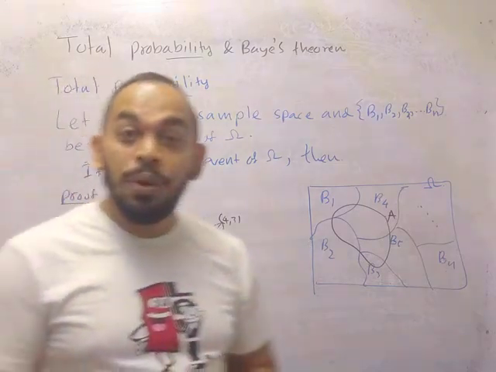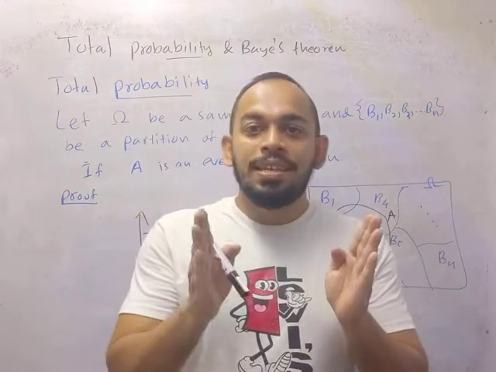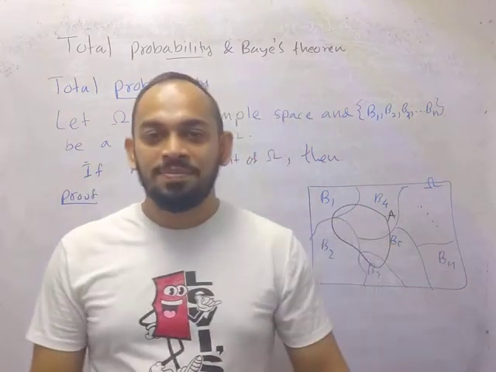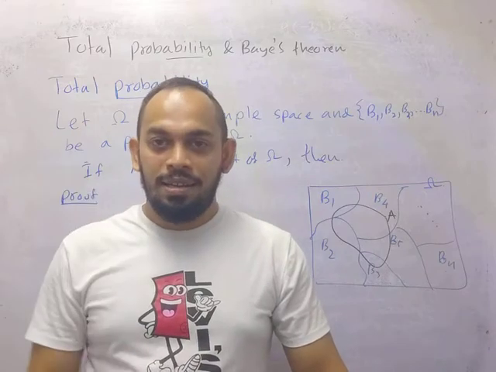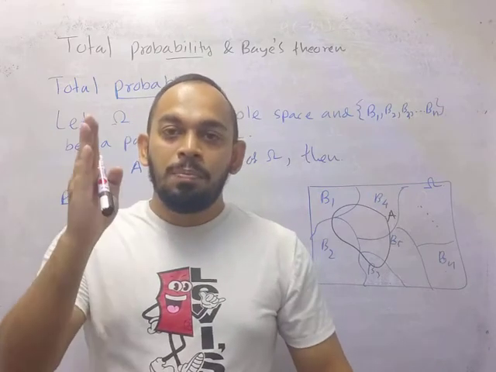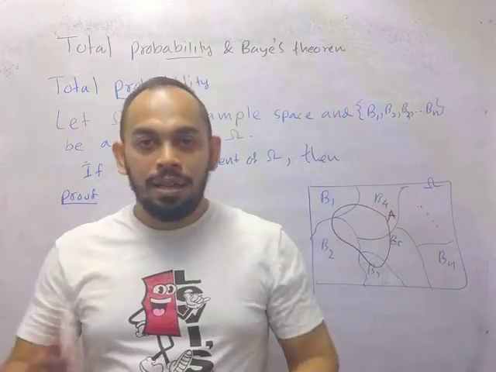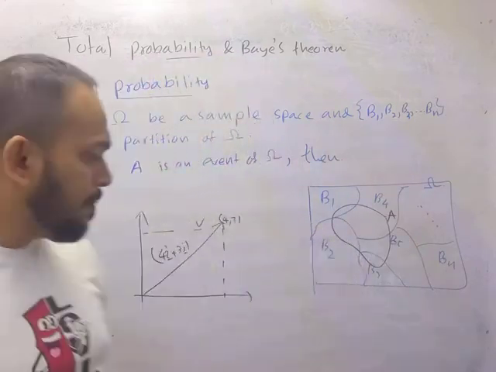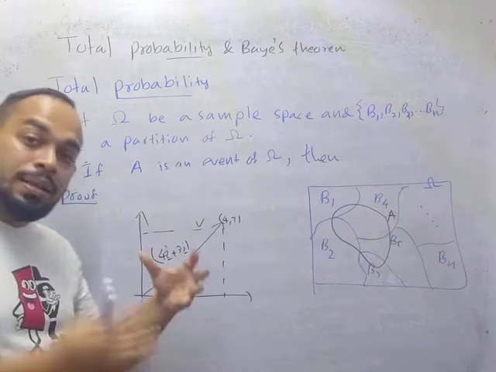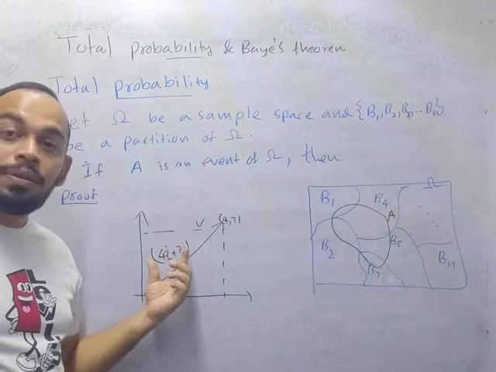Easy. Remember that i and j form a partition, because you cannot represent i in terms of j. They cannot be represented in terms of each other.